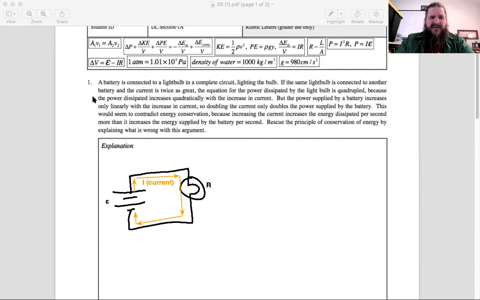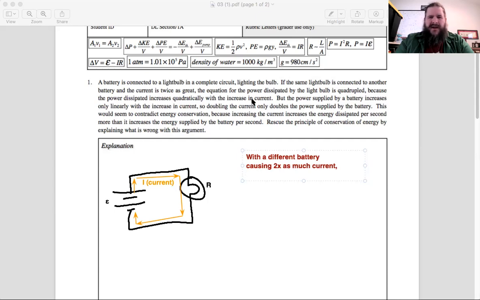Same light bulb is connected to another battery and the current is twice as great. With a different battery causing twice as much current, the equation for power dissipated by the light bulb is quadrupled because the power dissipated increases quadratically with the increase in current. So why is that? Which formula for power are we using here?